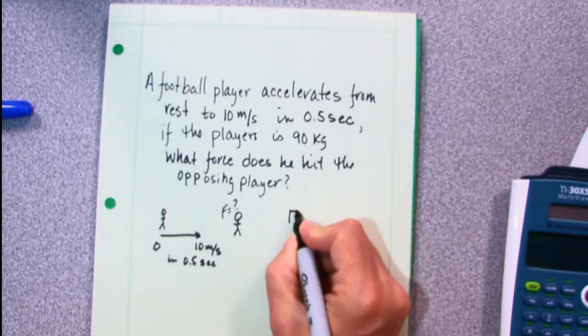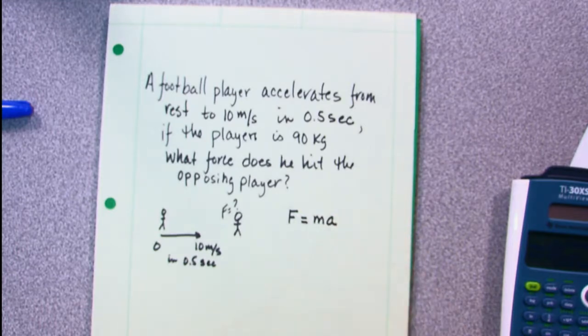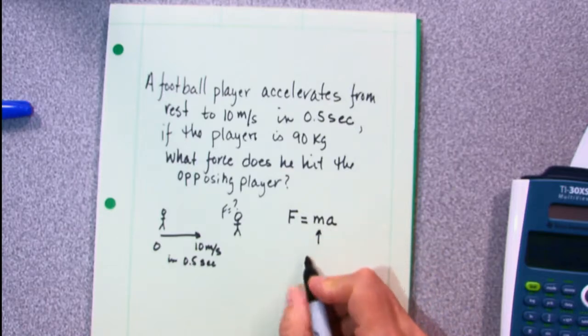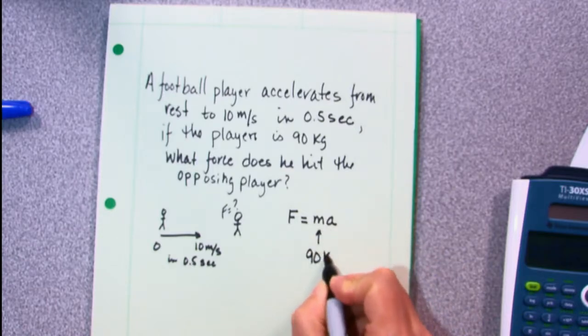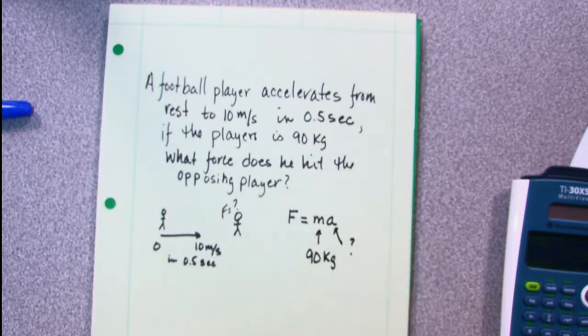But I might know my equation is going to be force is equal to mass times acceleration. I know the mass. The mass was given to us in the problem. That's 90 kilograms. I don't know the acceleration. So hopefully this other information will let me calculate acceleration.